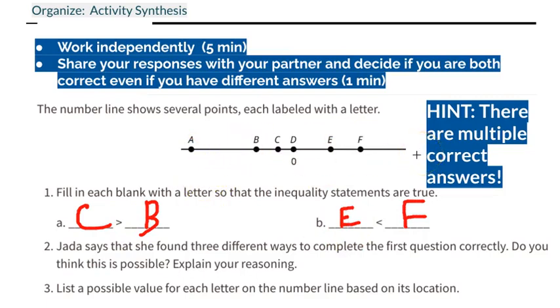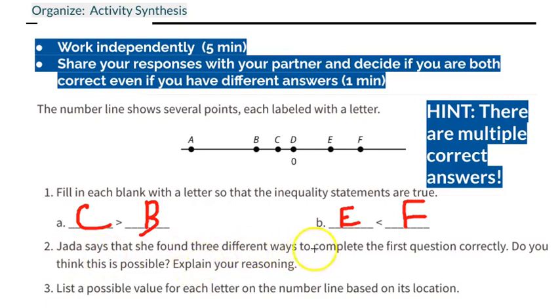It's just a matter of making sure that whatever that little inequality is pointing to is smaller than what it's open to. Remember I used to teach it with alligators, but I'm sure your teachers used something way back when you first learned this in first grade and kindergarten.